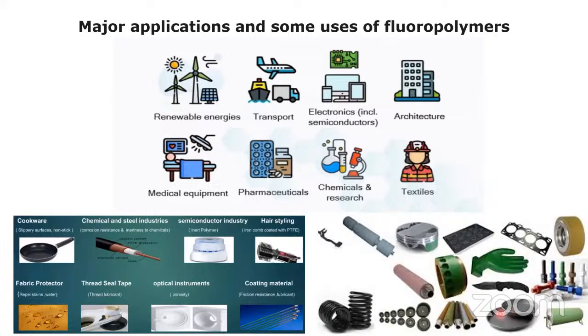Then in some electronic semiconductors, as it has insulating properties, then many architectural textiles, chemicals and research. If you see below here, the first application is cookwares, as I have explained. Then chemical and steel industries.